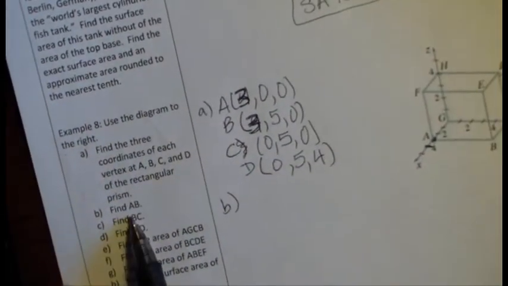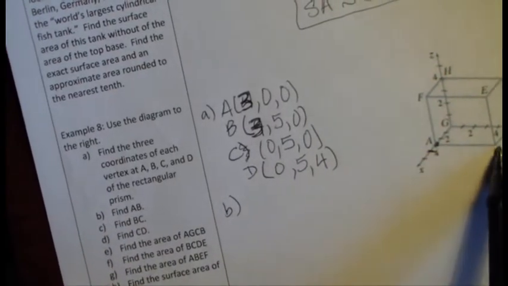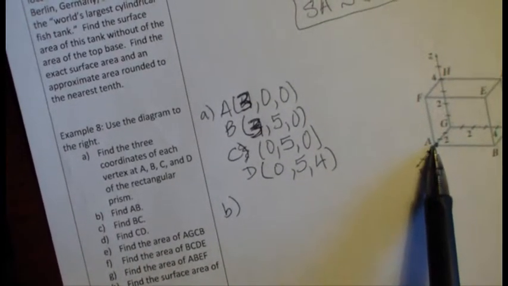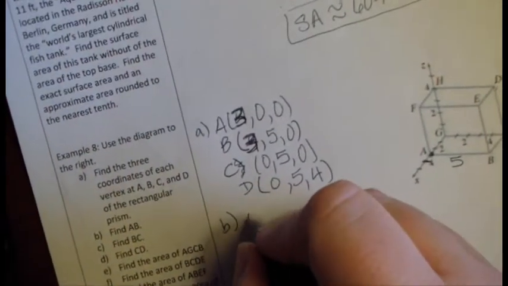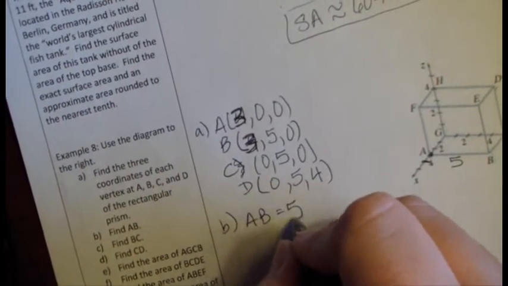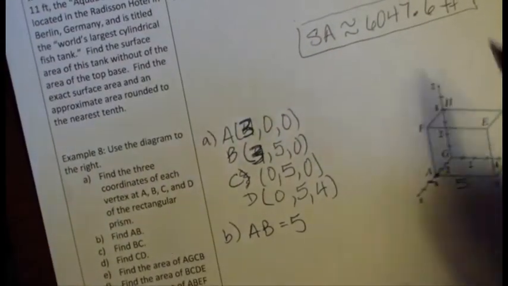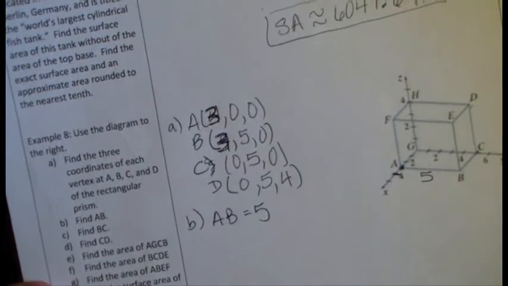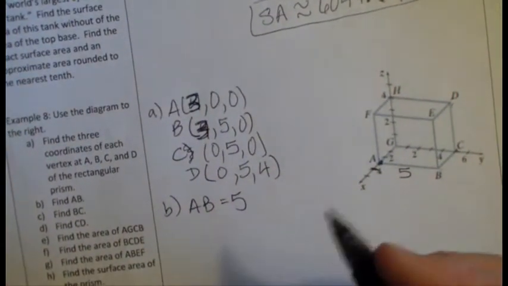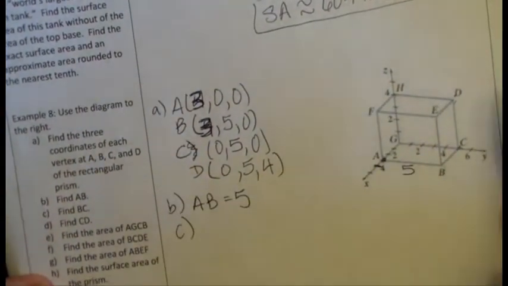B says to find AB. So we're looking for the length of AB. We went from 0 to 5, so this length is 5. So AB equals 5. Luckily, since this is a rectangular prism, all we got to do is count. We don't have to do any sort of distance formula or anything, which is very nice.